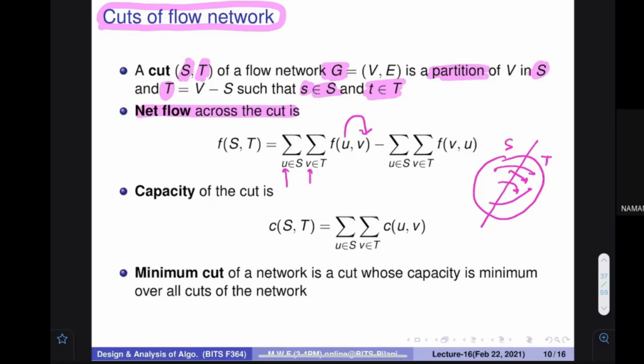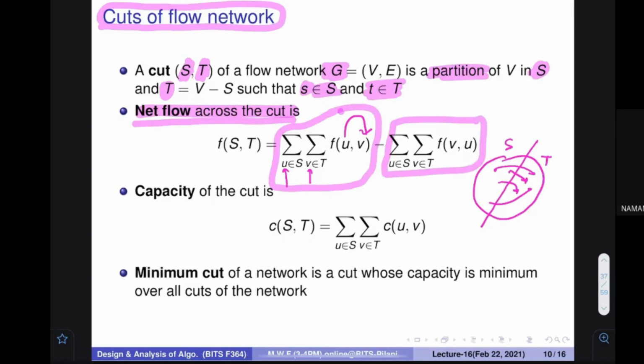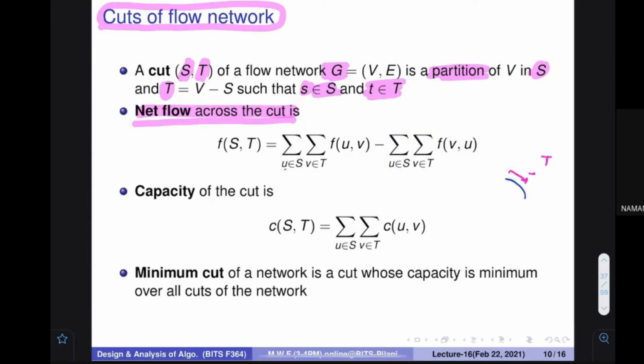This is the net flow across the cut I'm talking about. The second thing, as you have rightly guessed, is that whatever is coming inside, from v to u, you are going to subtract that part. So this shows how much is going from one part to another, from S to T.